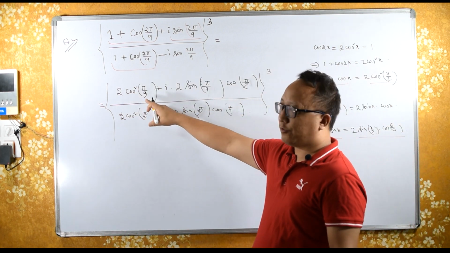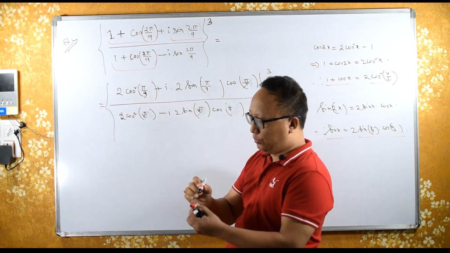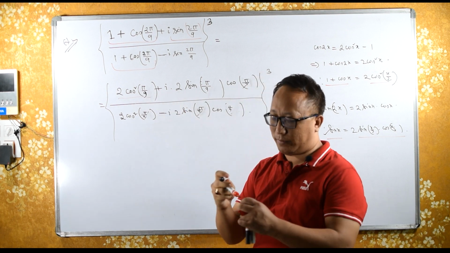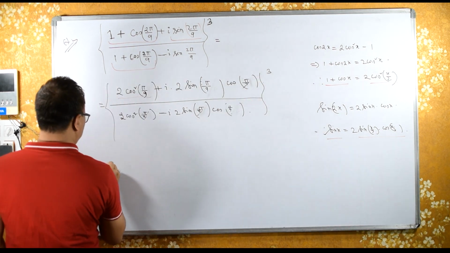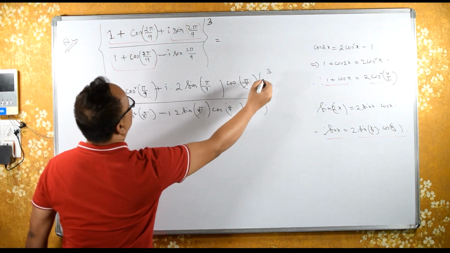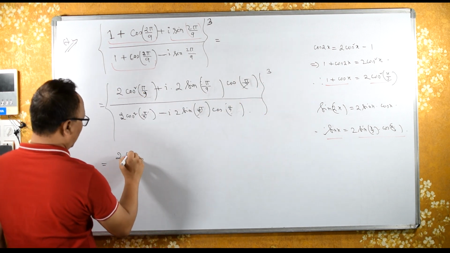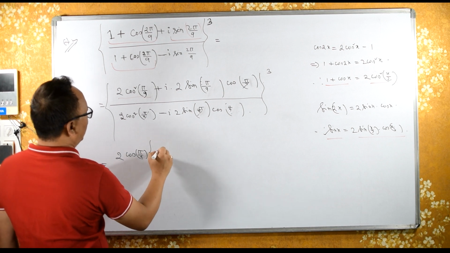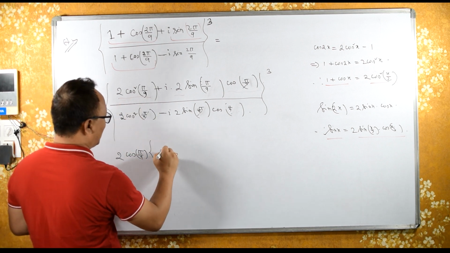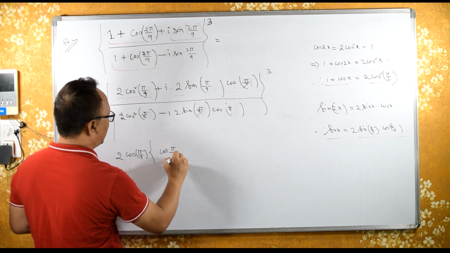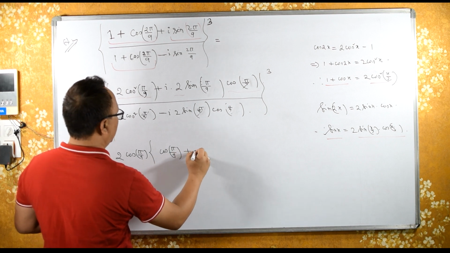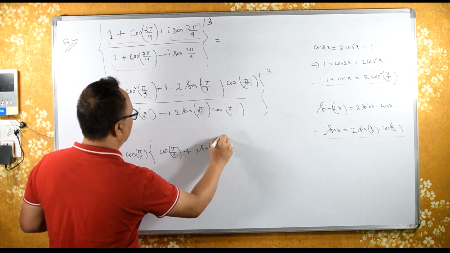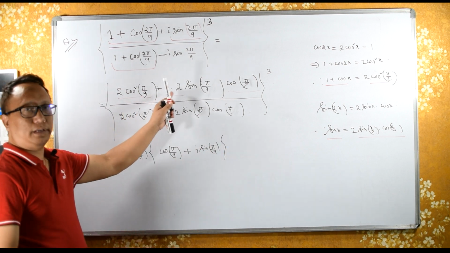Now, from the numerator we can take 2 cos pi by 9 common. So we have 2 cos pi by 9 times cos of pi by 9 plus i sine pi by 9, all raised to 3.